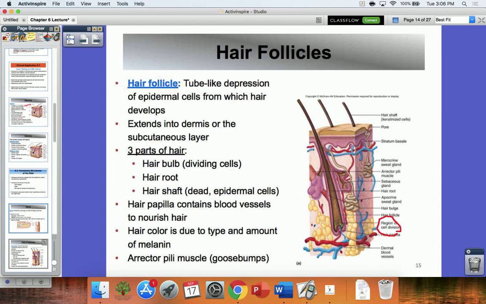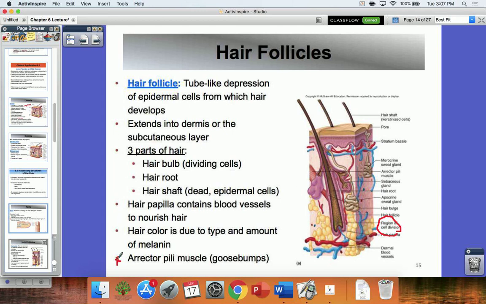Also attached to this tube, this hair follicle, is a muscle. And this is called the erector pili muscle. So what happens when we're cold, just like our skeletal muscles that shiver, this smooth muscle is actually going to contract.